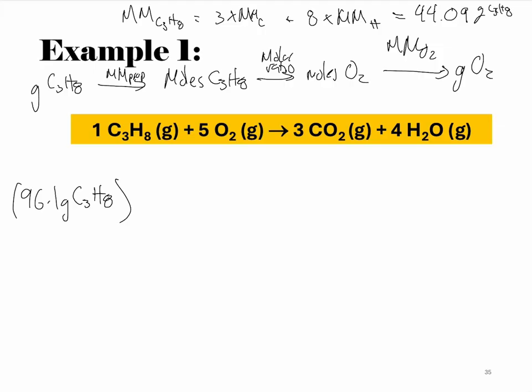C3H8. And what's the unit in the denominator? We have grams per mole, per 1 mole C3H8. And so how are we going to use this number when we're going from grams to moles?